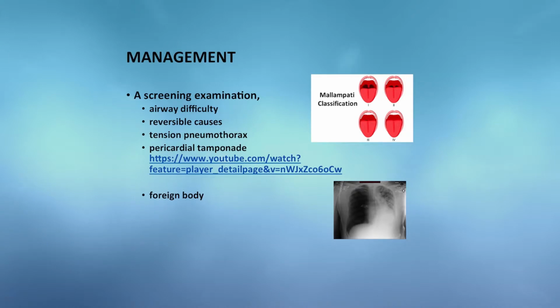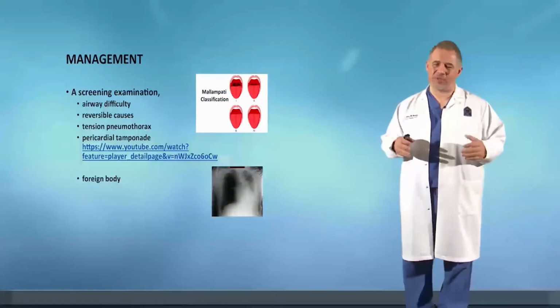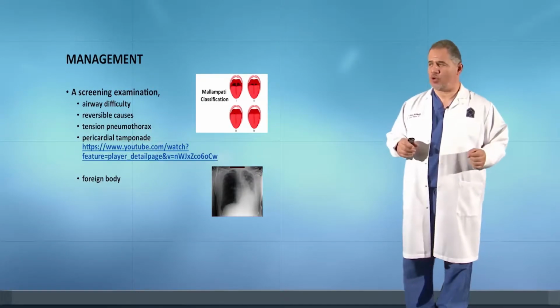So the patient is usually agitated, the patient is fighting. It is not an easy thing to open his mouth, force it out, and get the tongue out of the way and find the airways. So a lot of times we use induction anesthesia and also paralytic agents. The common things to use are succinylcholine, etomidate, to paralyze the patient and induce anesthesia. But some people also can use other neuromuscular blockades.